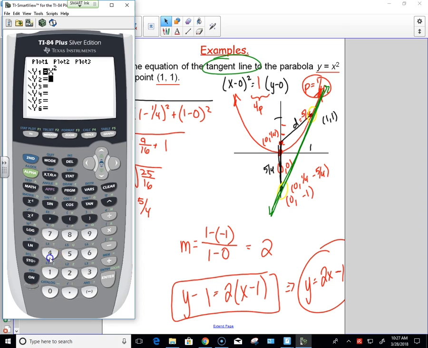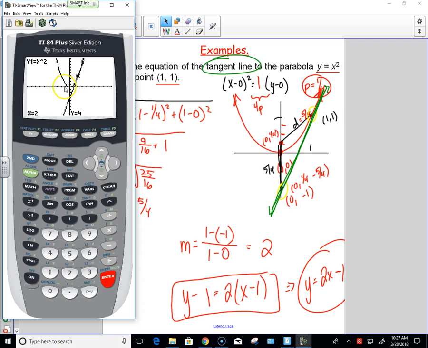Let's do 4 times x minus 2, plus 2 squared to be 4. Let's see if this line skims. But now it's not going to skim at 1, 1. If we've done it correctly, it's going to skim at 2, 4. Huh.